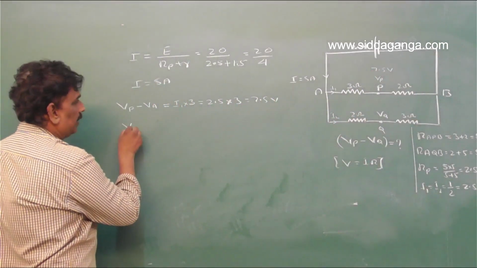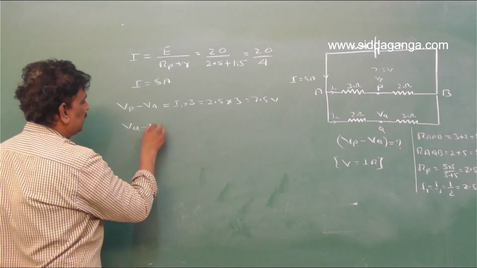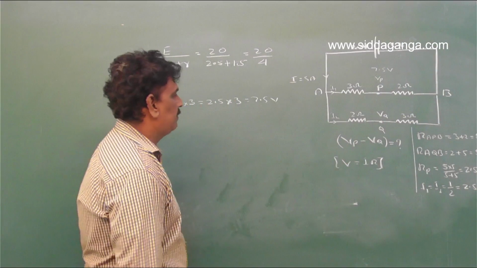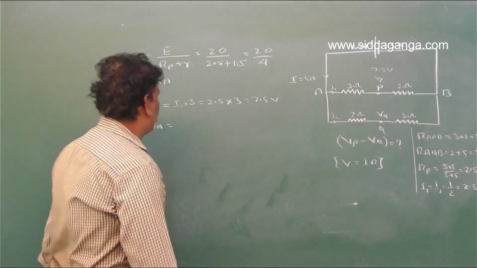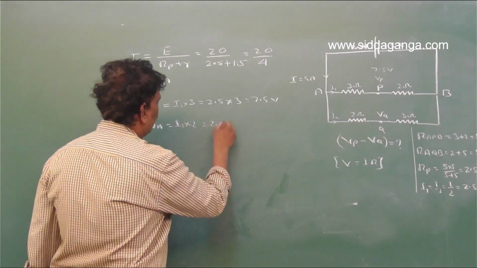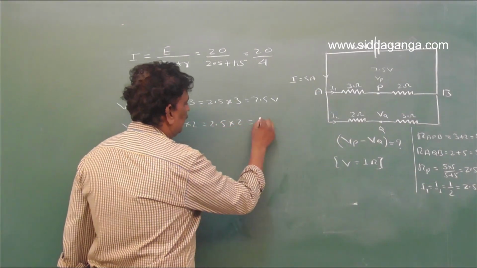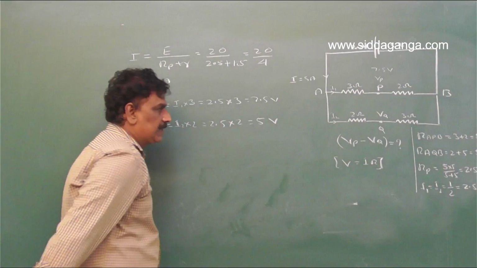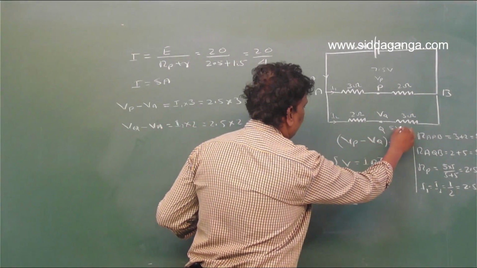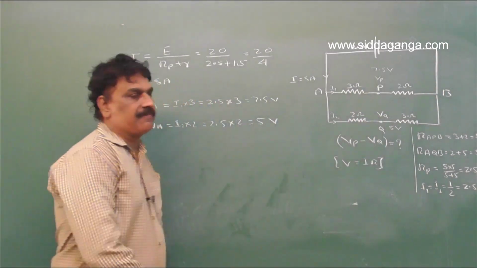Now Vq minus Va, the potential difference between these two points, because A is common to both. This is I2 into 2, that is 2.5 into 2, which is equal to 5 volt. So Q is at a potential of 5 volt.